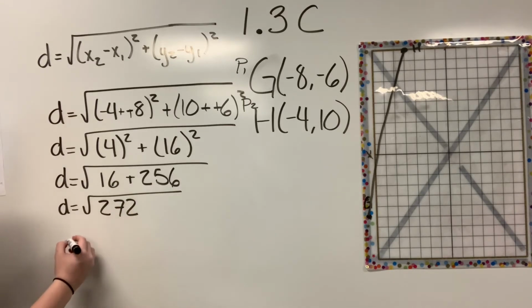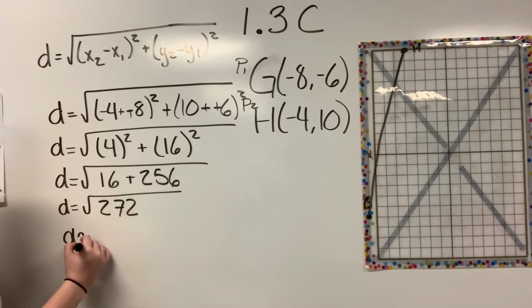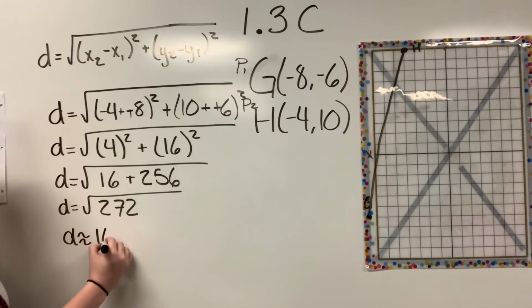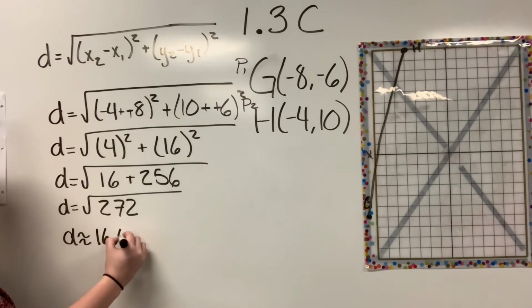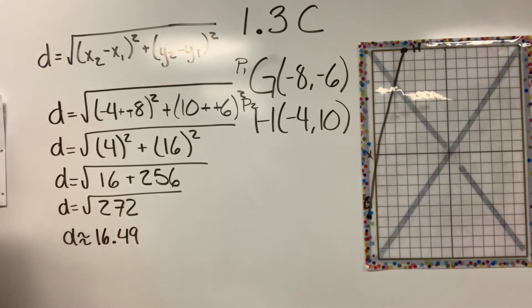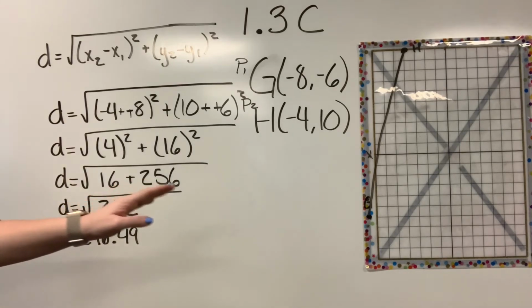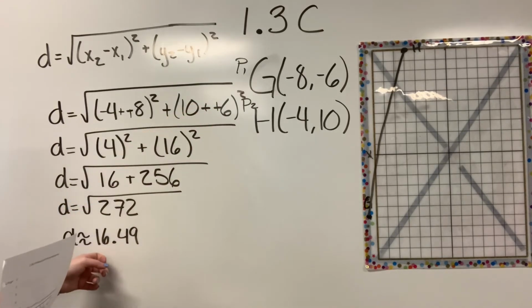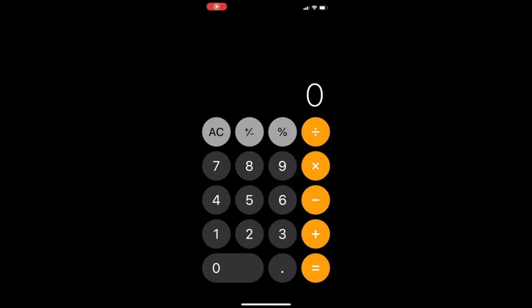When we plug this into the calculator, we get D is about 16.49. So the distance between G and H is 16.49.